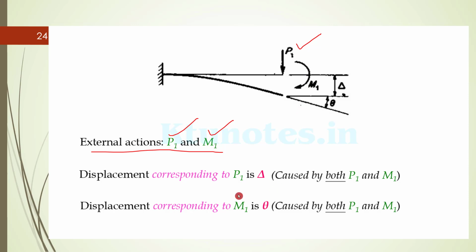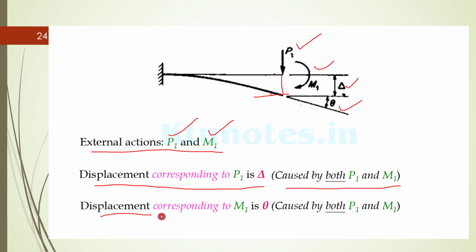After the application of P1 and M1, we can find that there will be a vertical displacement, which is taken as delta, and definitely there will be an angular change, which is taken as theta. This delta and theta are due to the combined actions of P1 and M1. The displacement corresponding to P1 is delta, but this is actually caused by both P1 and M1.